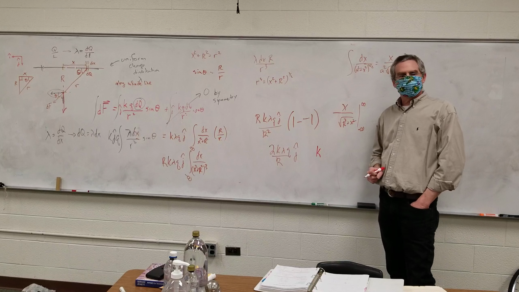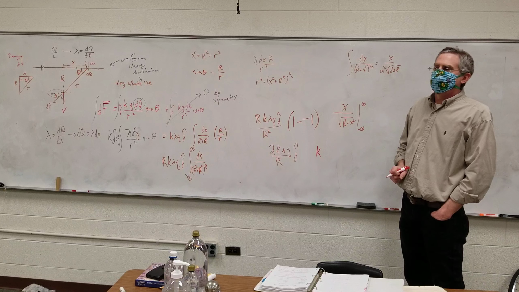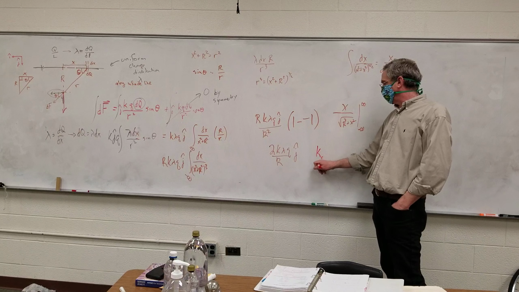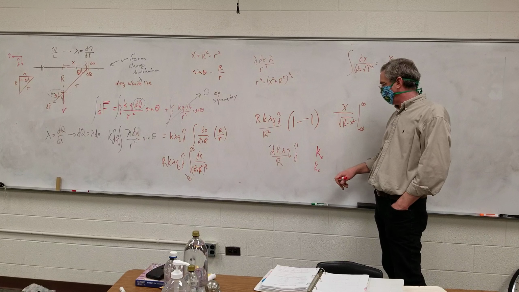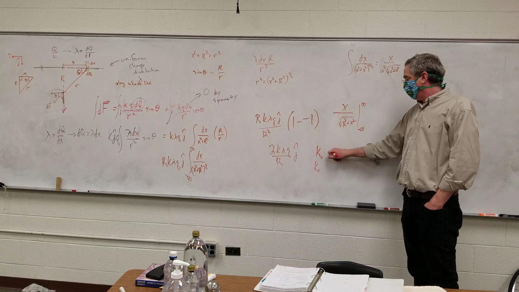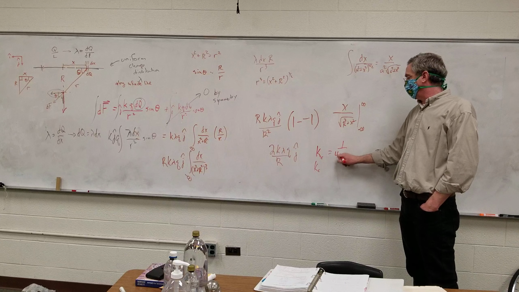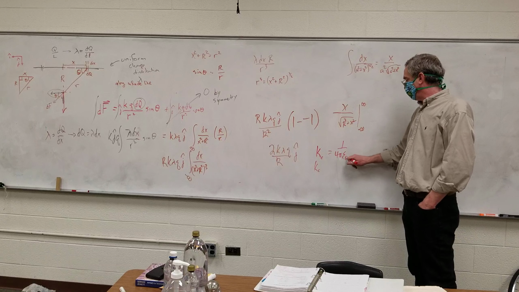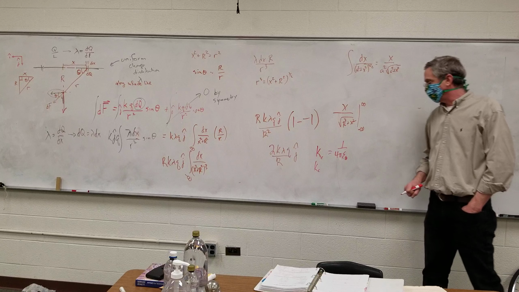What is k? Coulomb's constant. Sometimes a little e down there, sometimes with a c down there, depends on my mood, and apparently sometimes with no subscript. That's equal to 1 over 4 pi epsilon sub naught, where epsilon sub naught is the permittivity of free space.